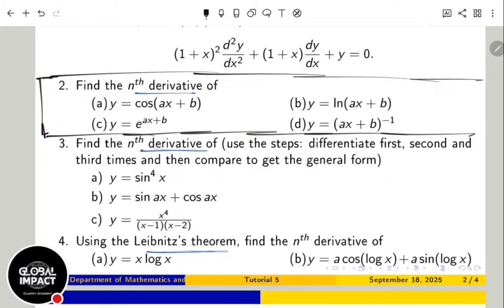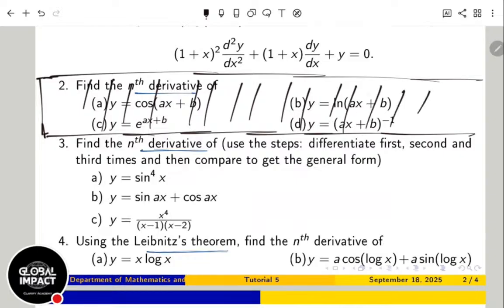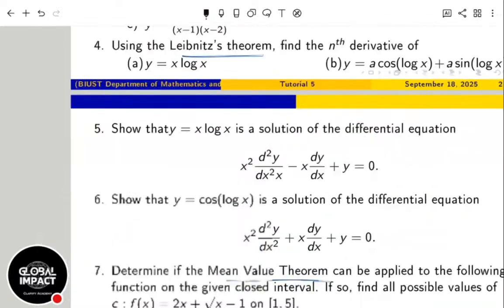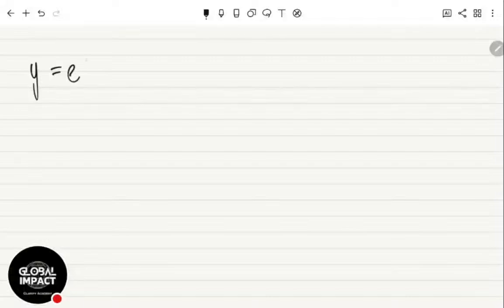Now we know how to get the nth derivative. You differentiate 1, 2, 3, because these are in the cases I gave you: for cos, and for e to the ax. Here it's a little different: y is e to the ax plus b.